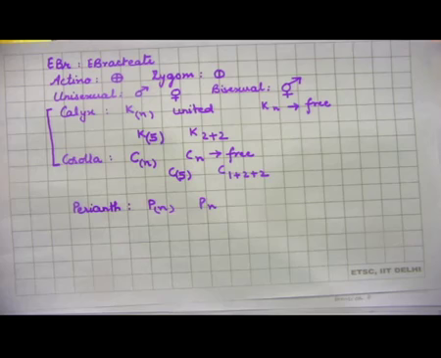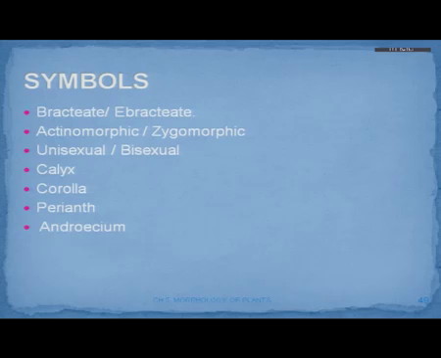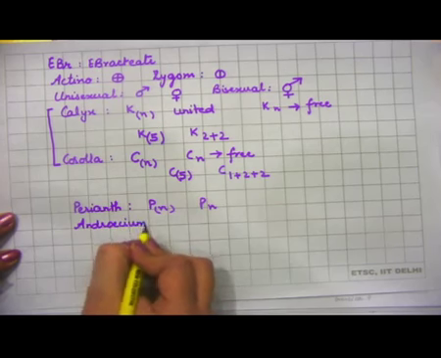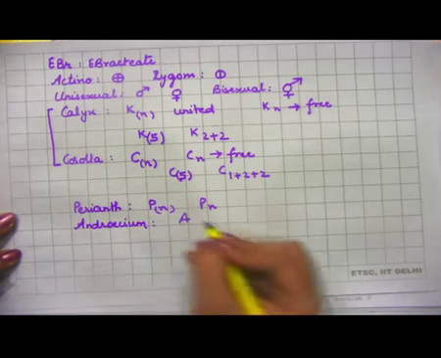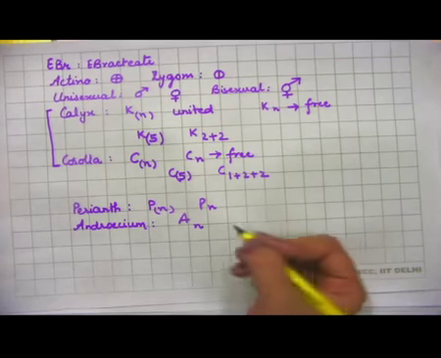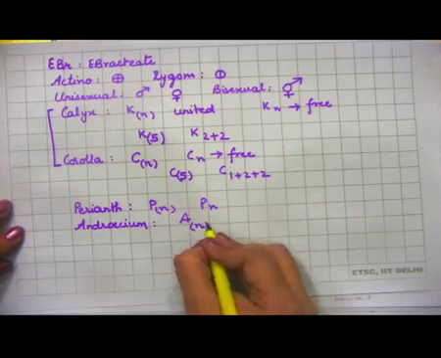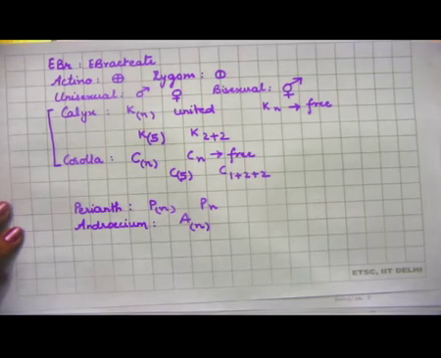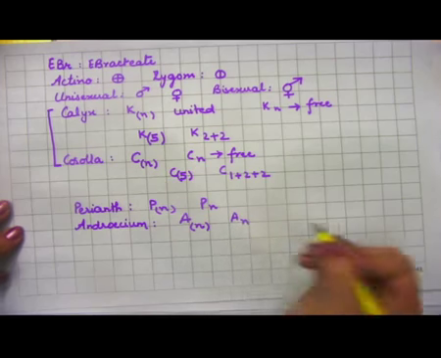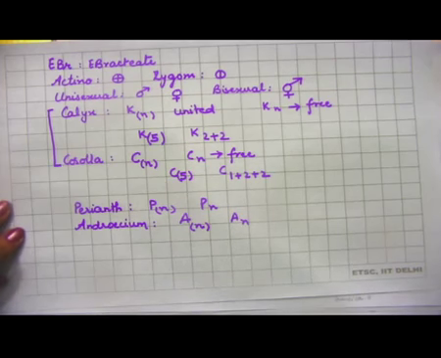Lastly, we come over to androecium. Androecium is the male whorl, as you must have known by now, and it is depicted by A, followed by the number of stamens present. If these stamens are fused in a group, then we put the number in the bracket. If they are free, then we simply write A and the number.